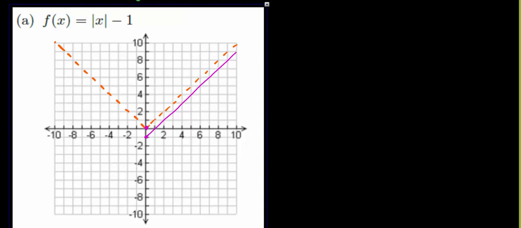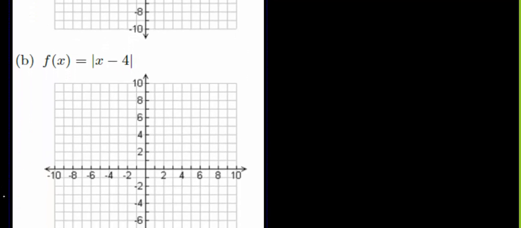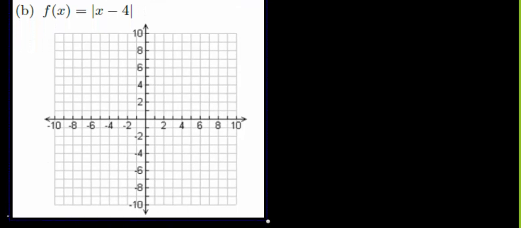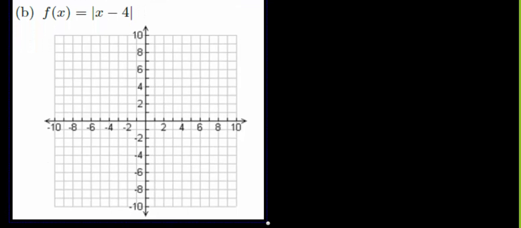There it goes, just like that. And there's our sketch. So we look to recognize the parent function, and then we go from there. Now it's the same thing over here. I've got the parent function, absolute value.